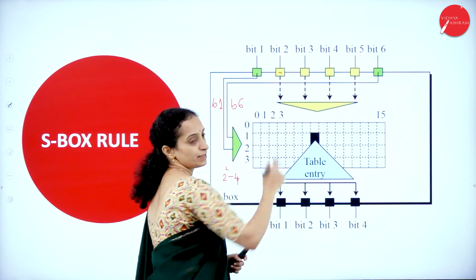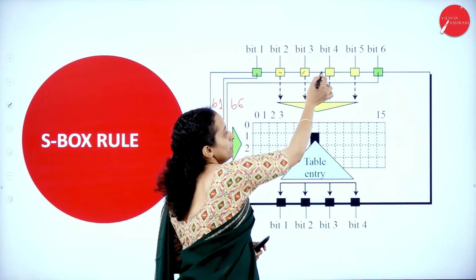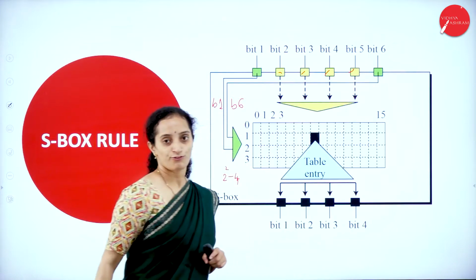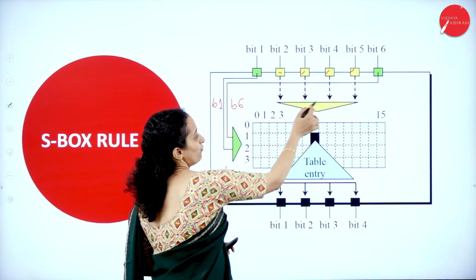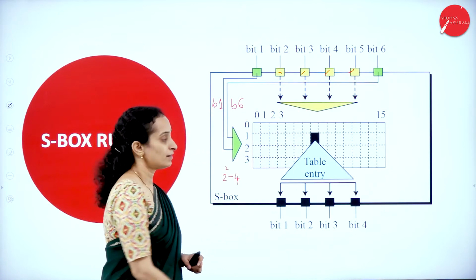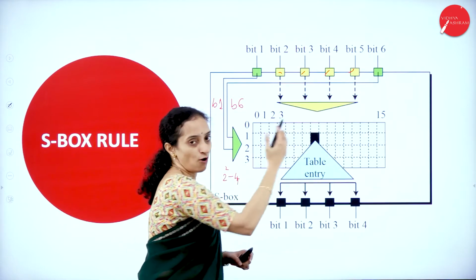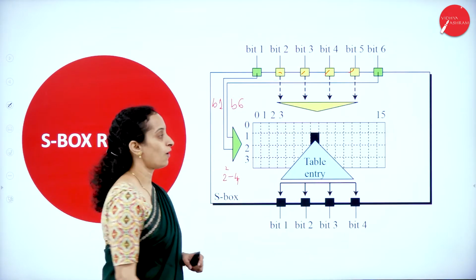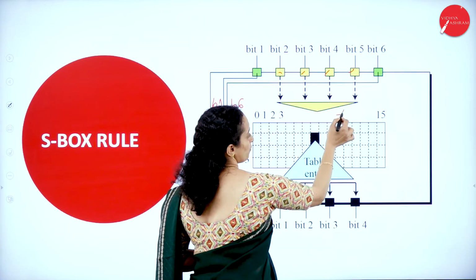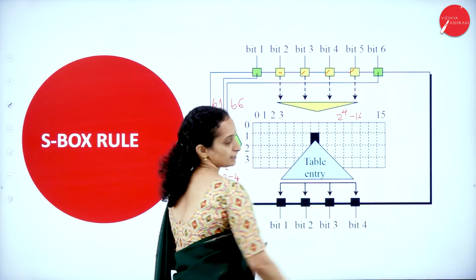The remaining bits are 2, 3, 4 and 5. These 4 bits are combined to form 16 columns, that is 2 to the power of 4 equals 16.